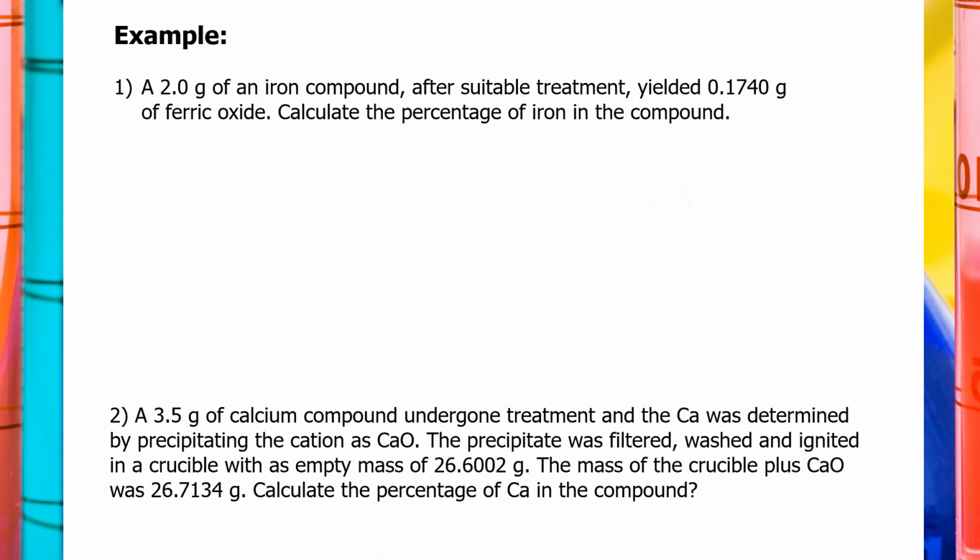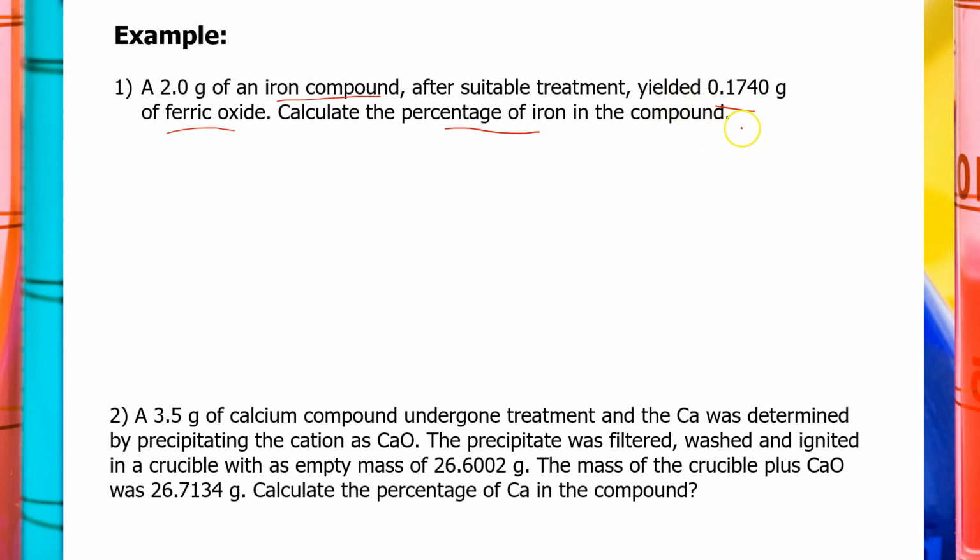We will look into the first example of the calculation. In the first example, 2 grams of an iron compound after suitable treatment yield 0.140 gram of ferric oxide. So, calculate the percentage of iron in the compound.